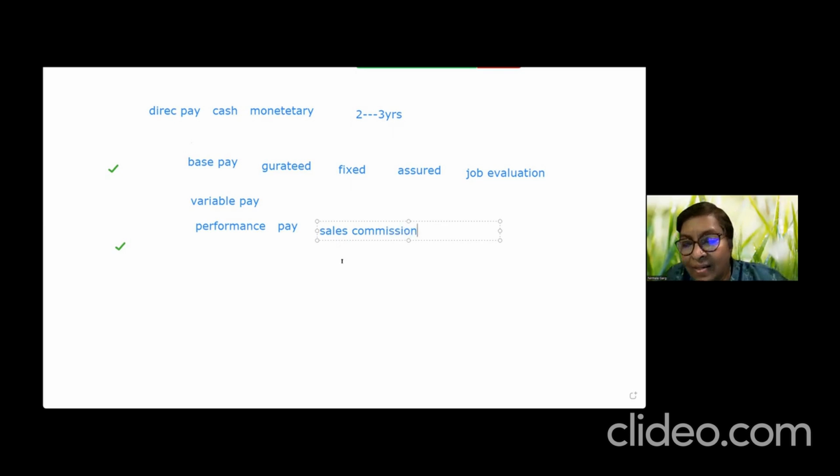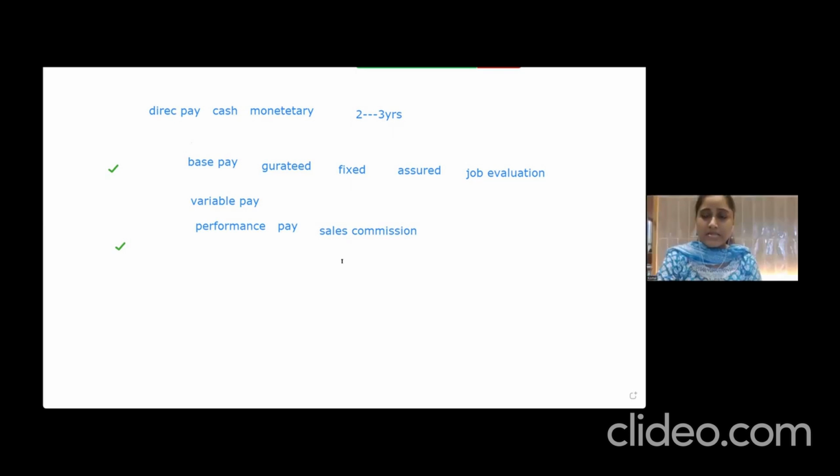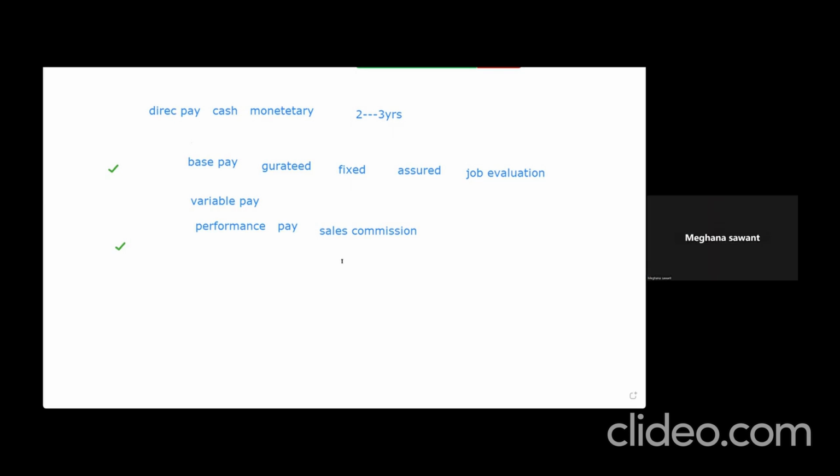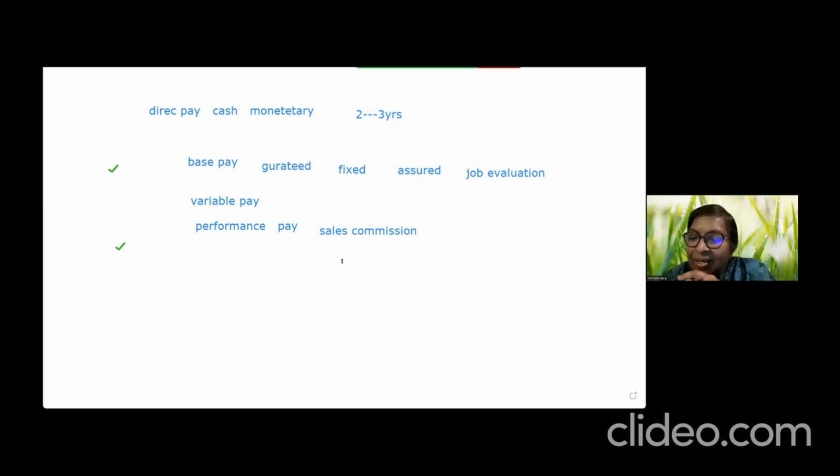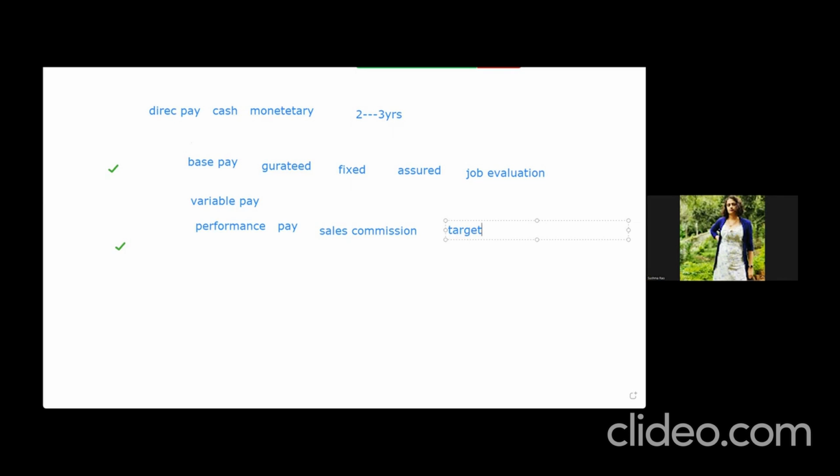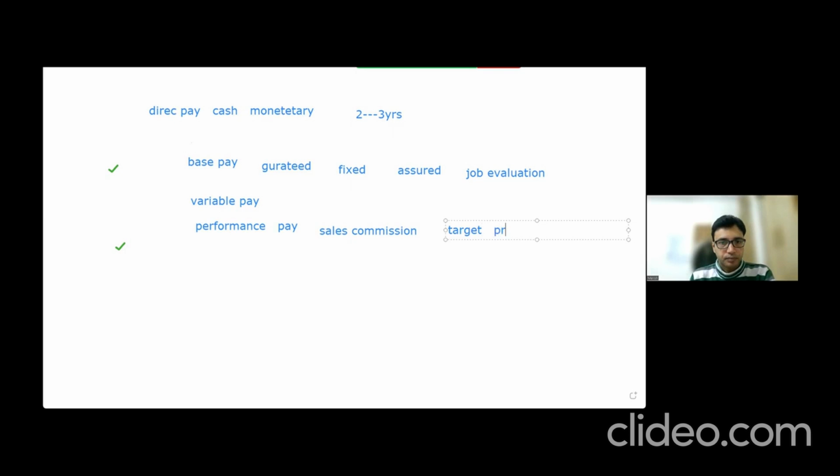How does this guy get this sales commission? How does it work? Anybody? On how much sales he is making. Based on the targets defined. Okay. He gets it on target achievement. So you are talking about a target, right? Is this target predetermined? Yes. It's predetermined.